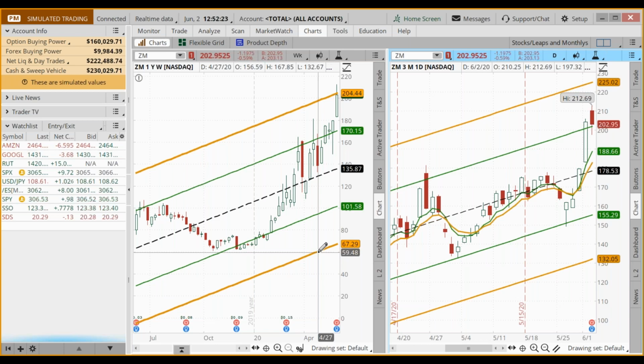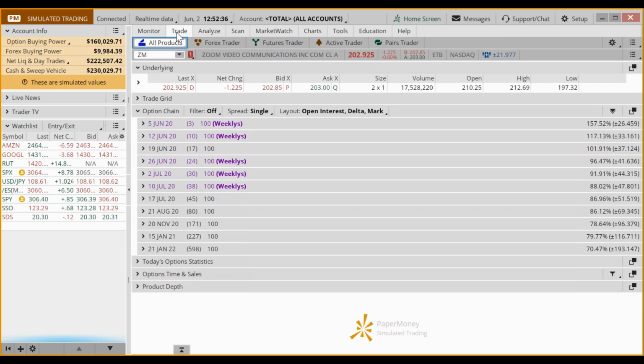Okay, so I want to see this revert back to the mean before I would jump in with a bull put on that. And Steve says, take a peek at the open interest. Good, let's do that. Let's say we want to go out and do a leap. Don't want to go all the way out here.